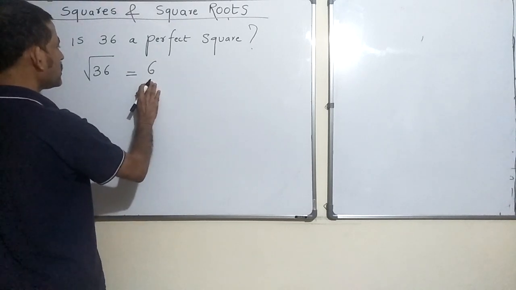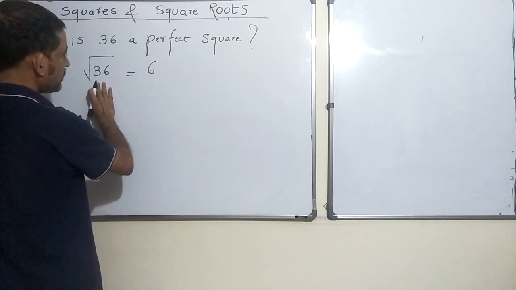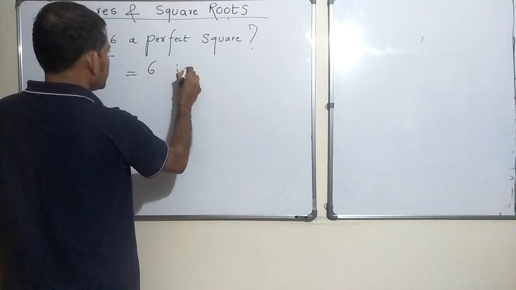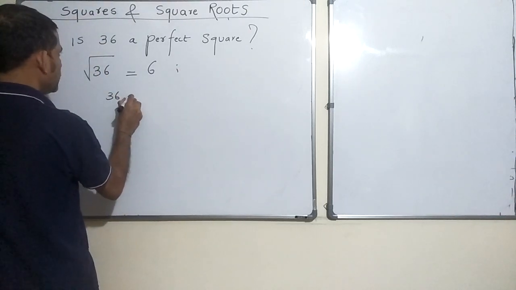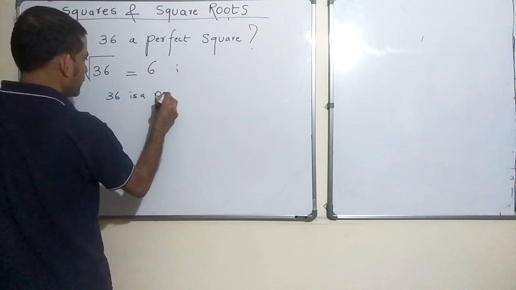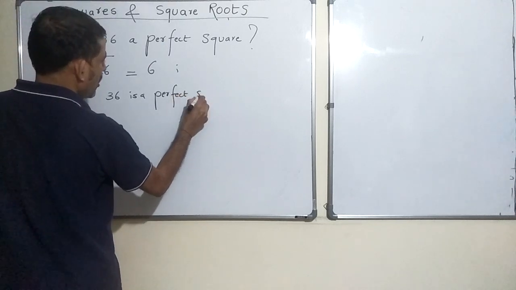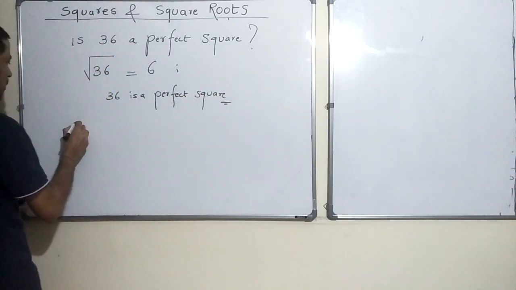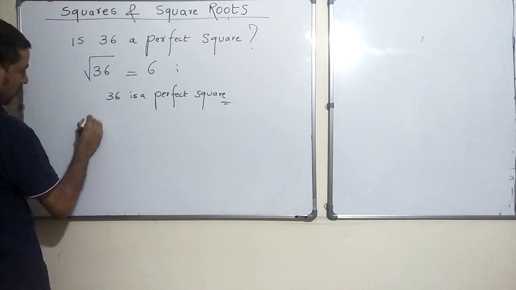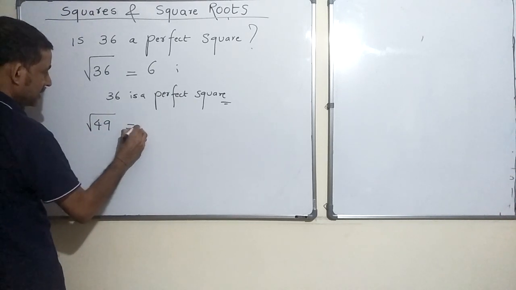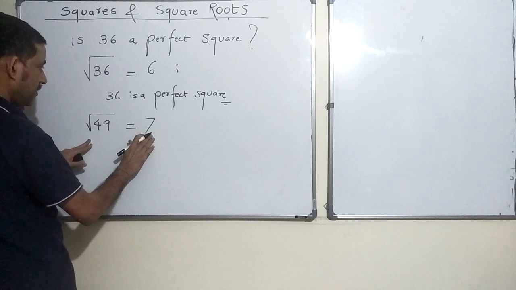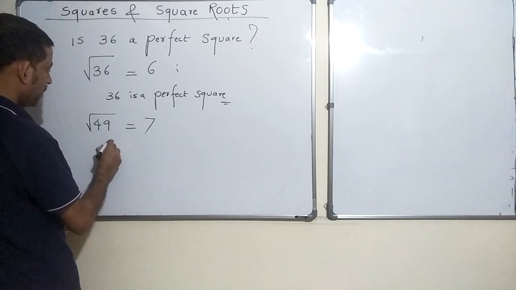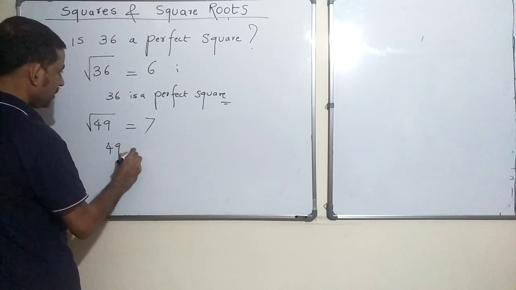So because you have been able to find out the square root of 36 exactly, 36 is a perfect square. How about 49? Okay, so square root of 49 again is 7, exact square root we are able to identify. So 49 is a perfect square.